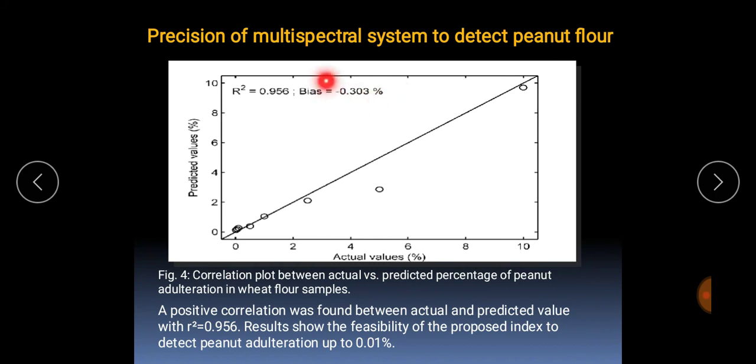See, there is some bias here. 0.303% is the bias, and that little amount of bias will be analyzed by this system, and by that it can check any adulteration. While you are receiving raw material, you can also utilize this technology.